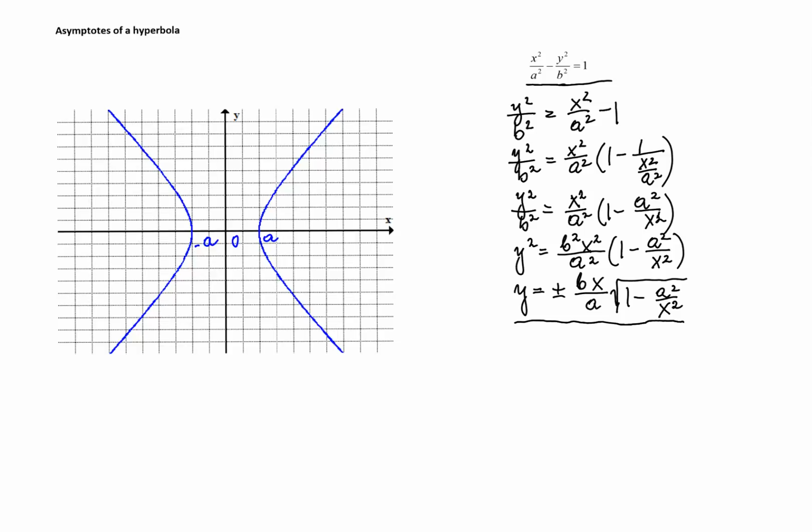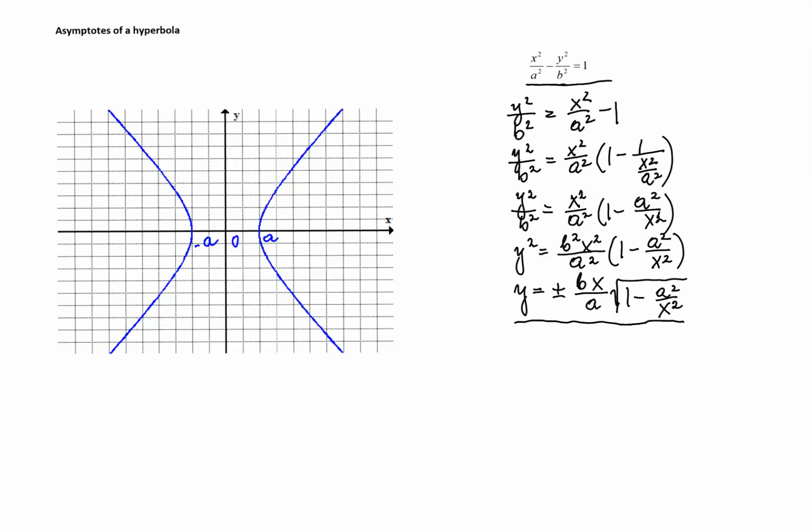If x has a large absolute value, meaning x is a large positive or large negative value, then x squared is going to be a large number, and therefore the whole expression a squared over x squared will be small because its denominator is large.